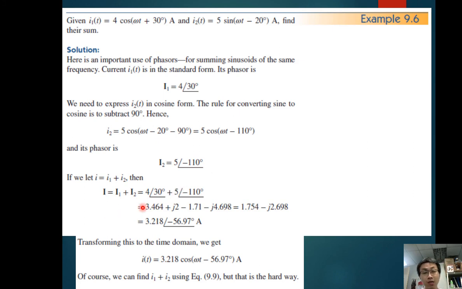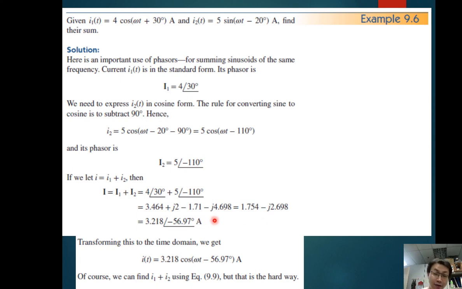So I1 plus I2: I use I1 is 4 at 30, plus 5 at negative 110. Then I convert both of them into rectangular form. So real part plus real part, imaginary part plus imaginary part. I have my rectangular form. Then I convert back into polar form.